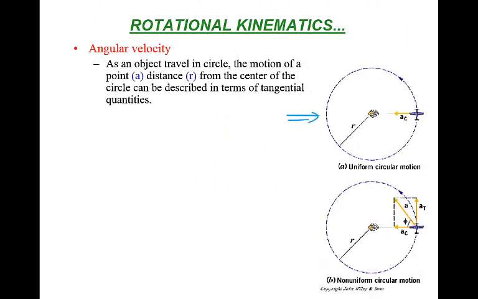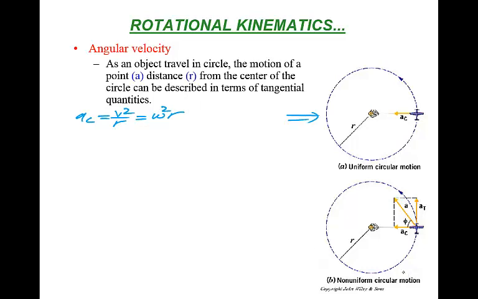In this first example here, we have an object that is moving around a circle at constant speed all the time. If that is the case, the object will have a centripetal acceleration, and we have introduced that one early on. The centripetal acceleration is equal to v squared over r, or using the angular velocity, omega squared times r.